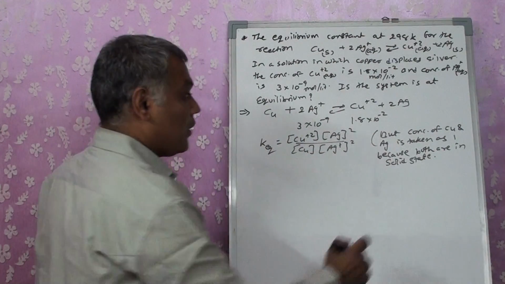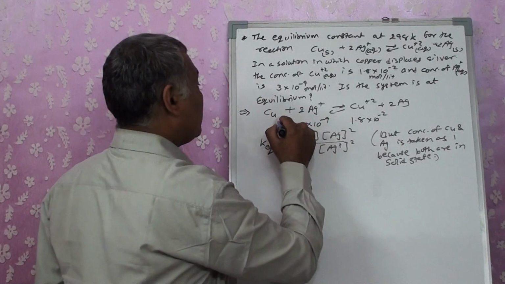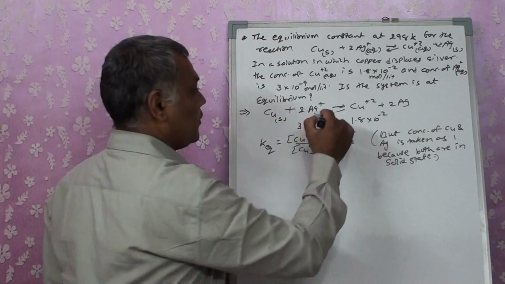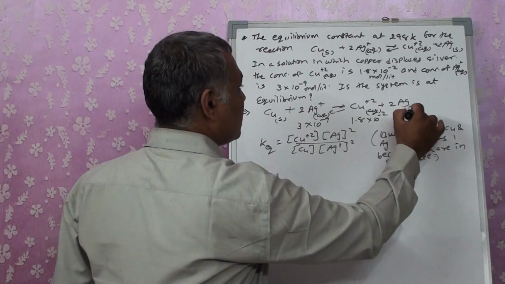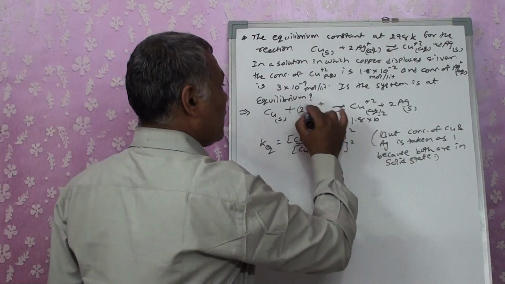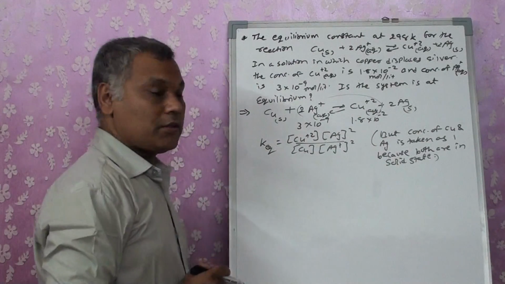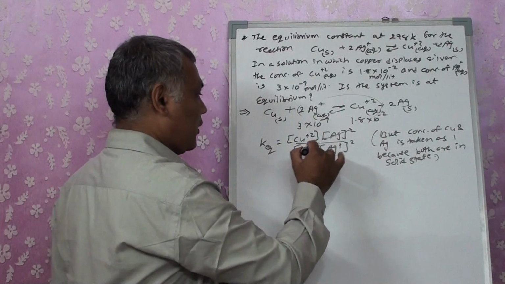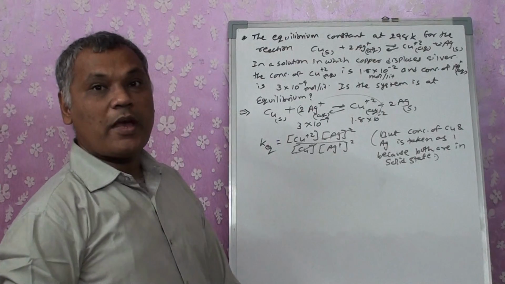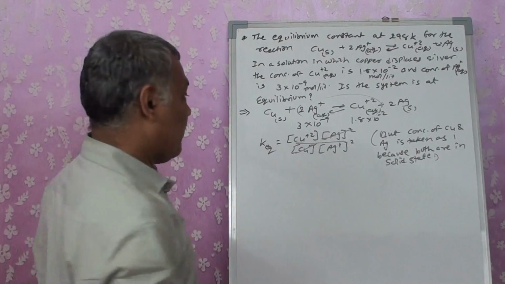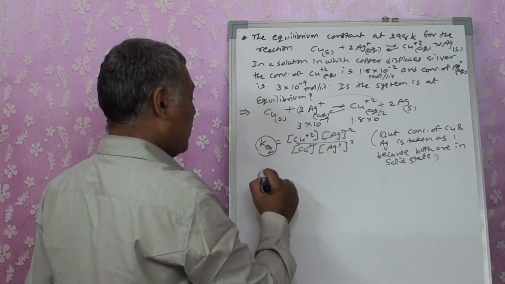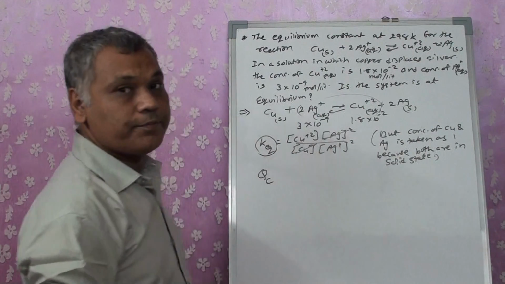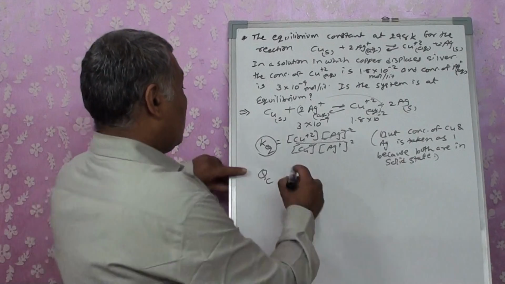Here the species are not in the same physical state. These are solid, this is aqueous, again this is aqueous and this is solid. So we are considering only aqueous, and the solids will be considered to have a value equal to 1. Because of it, what we get will be the quotient Qc.